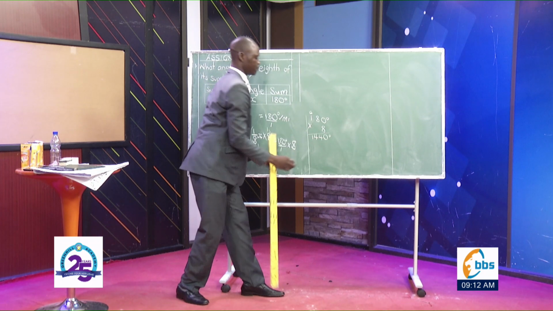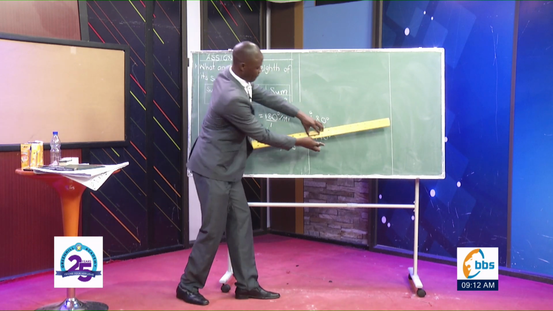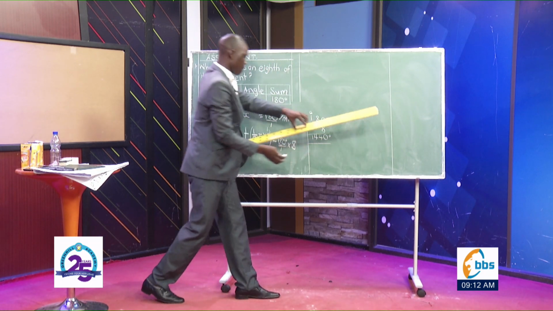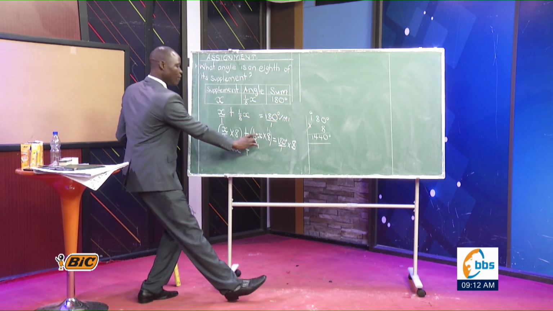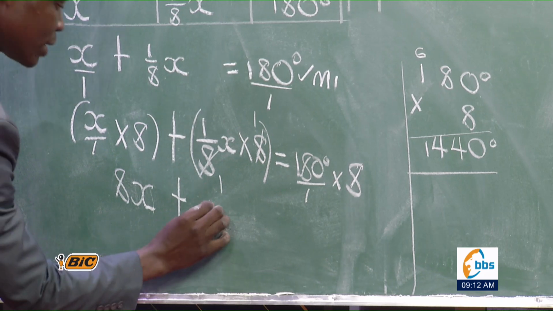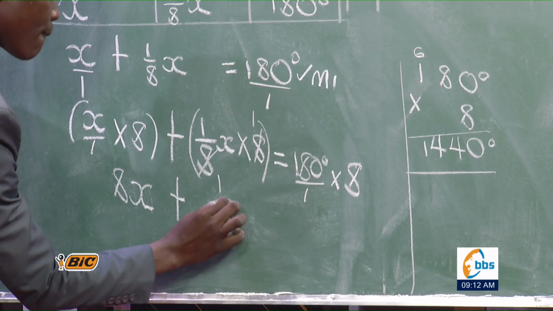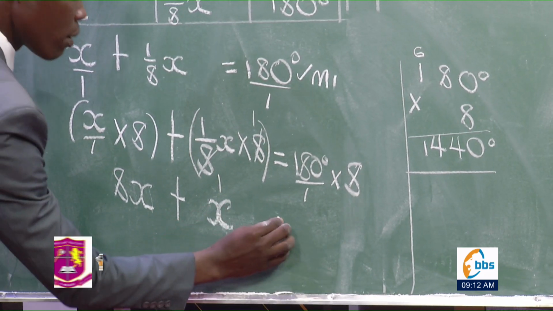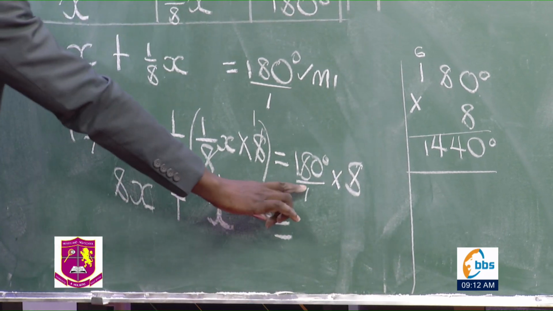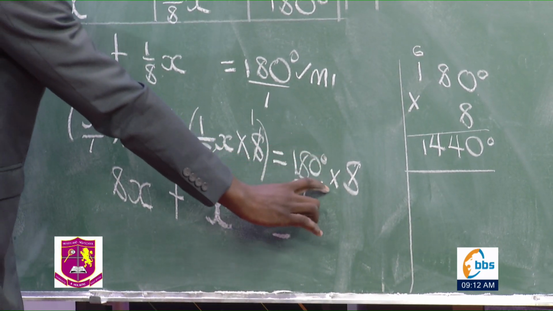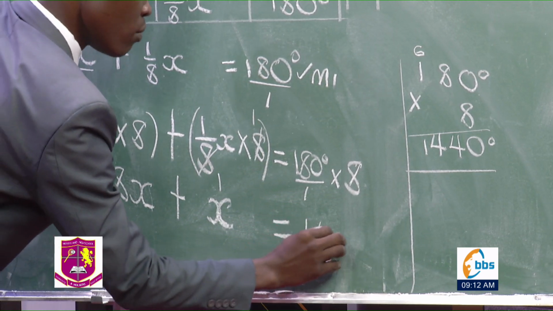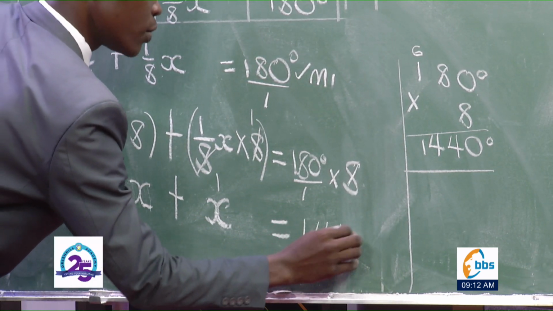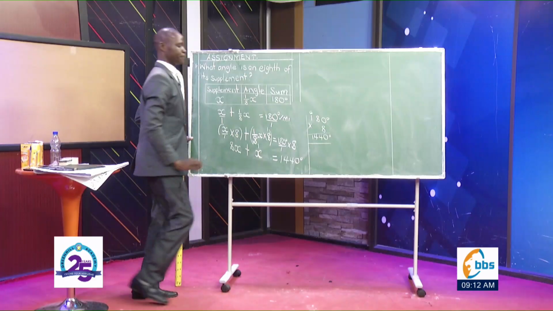These are degrees. So here we shall have x times 1, which is x, which is equal to 180 degrees multiplied by 8, we shall have 1,440 degrees.